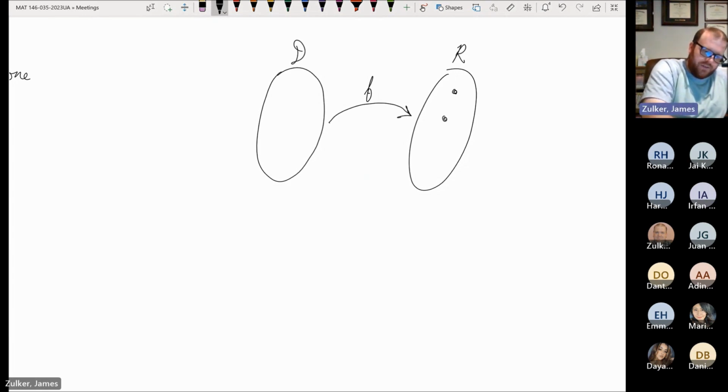let's just go simple. Say there's 4 elements in the range. No, let's do 4 elements in the domain as well.